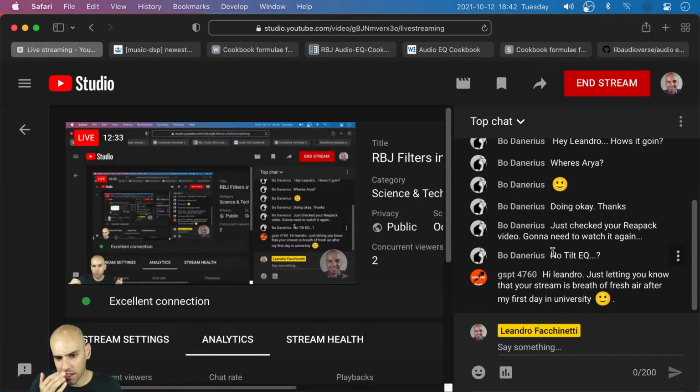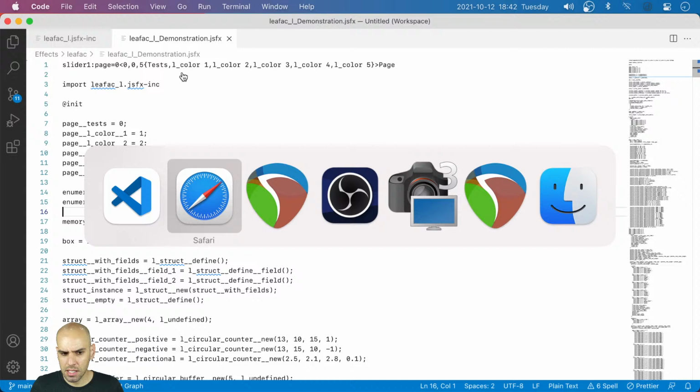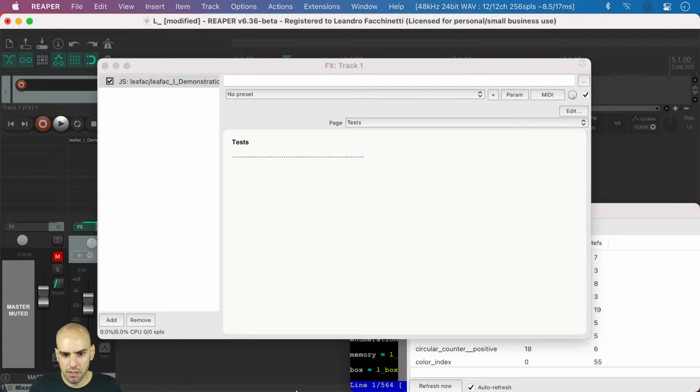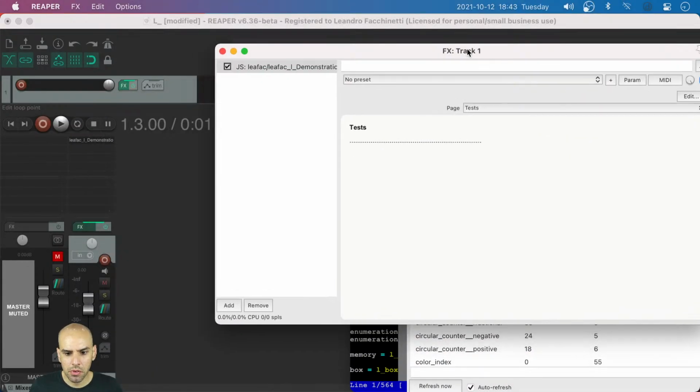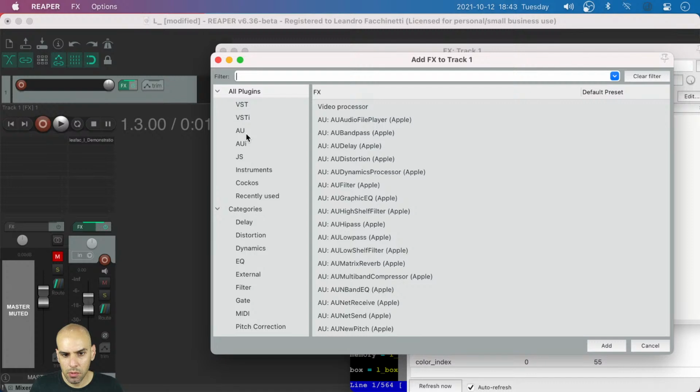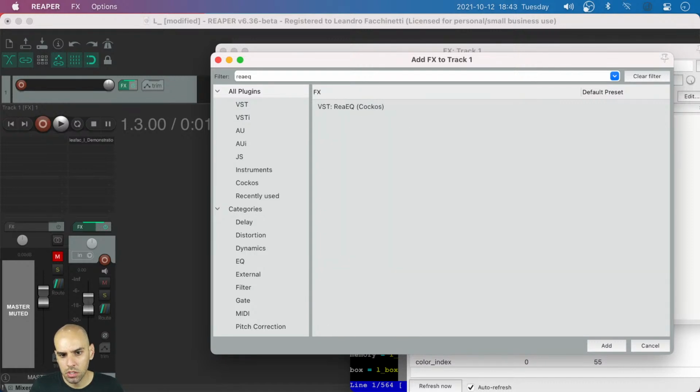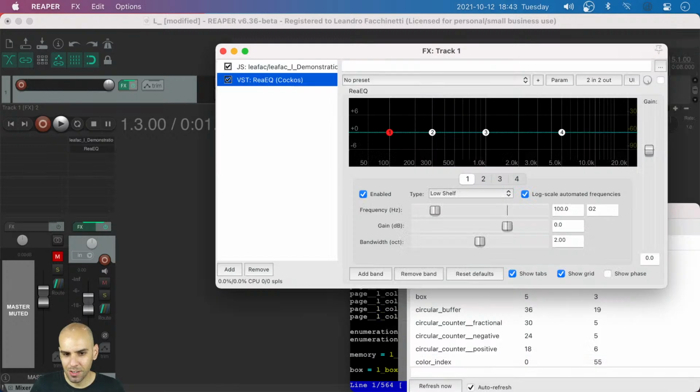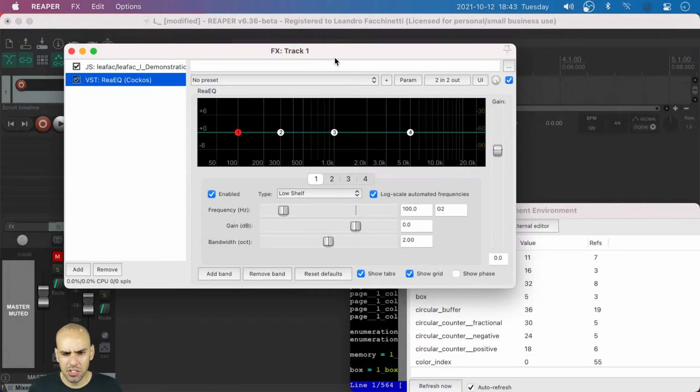And I think that it is similar, if not exactly the same as the filter that comes with Reaper, ReaEQ. So this filter, as far as I understand, it nulls with the RBJ filters. So this filter in spirit is exactly the same as the RBJ filters.